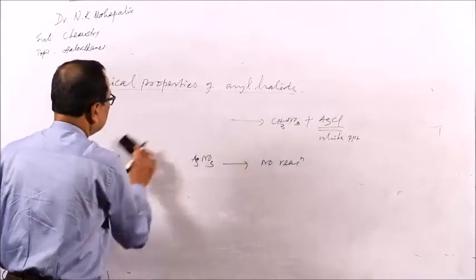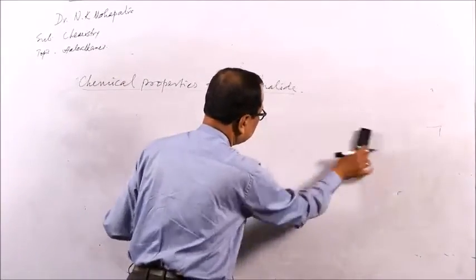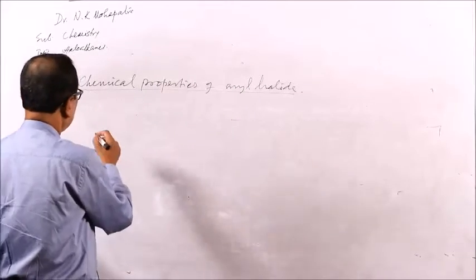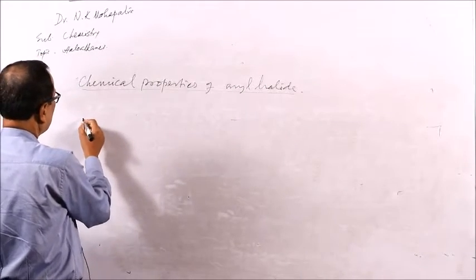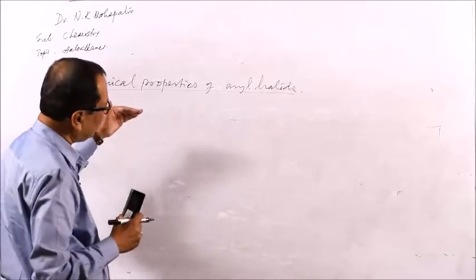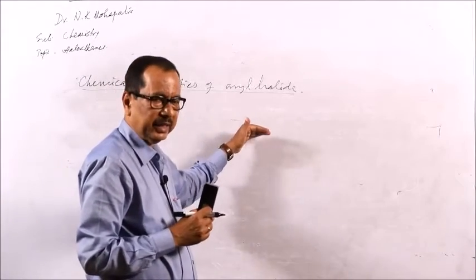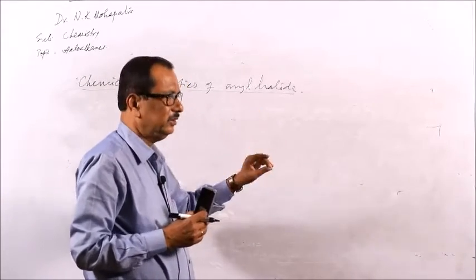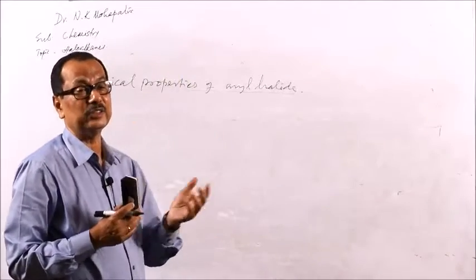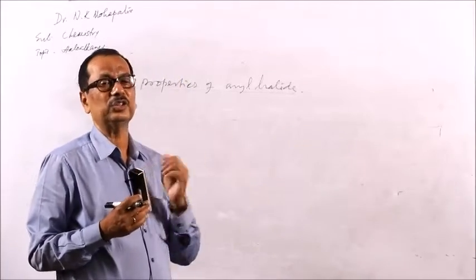Now, although the halogen atoms of the benzene ring are inert, yet under drastic conditions, the halogen atom can be replaced by other nucleophiles.